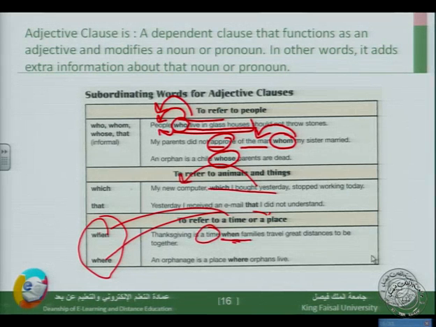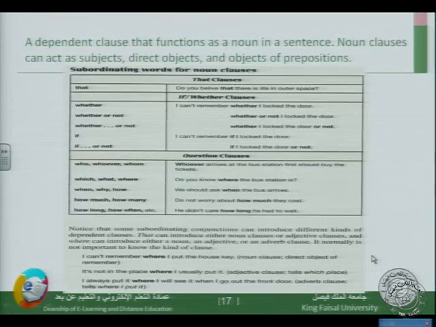So what is Thanksgiving? It is when families travel great distances to be together. An orphanage is a place where orphans live. Not "a place which" or "a place who" or "whom"; it is "a place where orphans live."